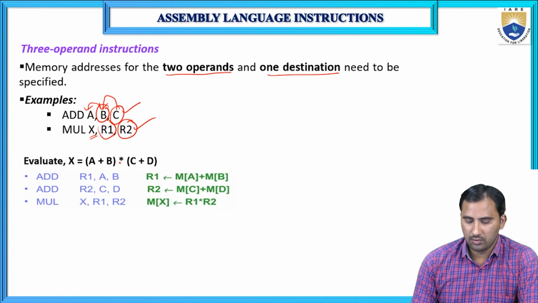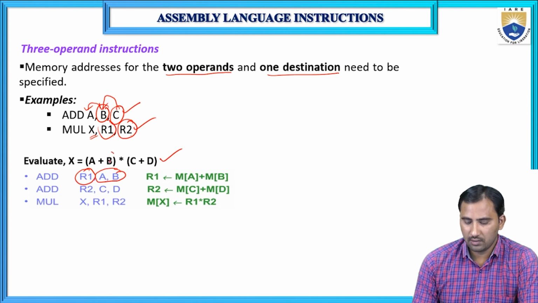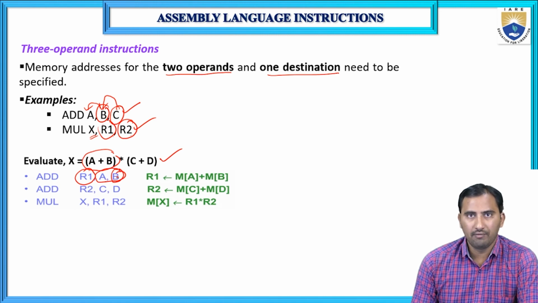So here this expression can be implemented using add R1 comma A comma B. These are the two source operands, and this is the destination operand. So in total three operands we are specifying in the instruction. For this A plus B, the contents of the A register and the B register are added, and finally the result will be stored in the R1 register.